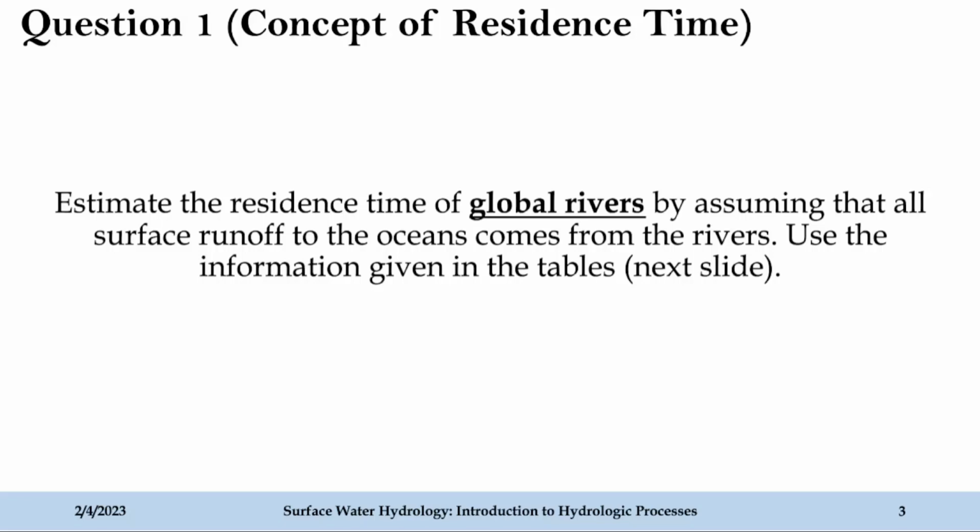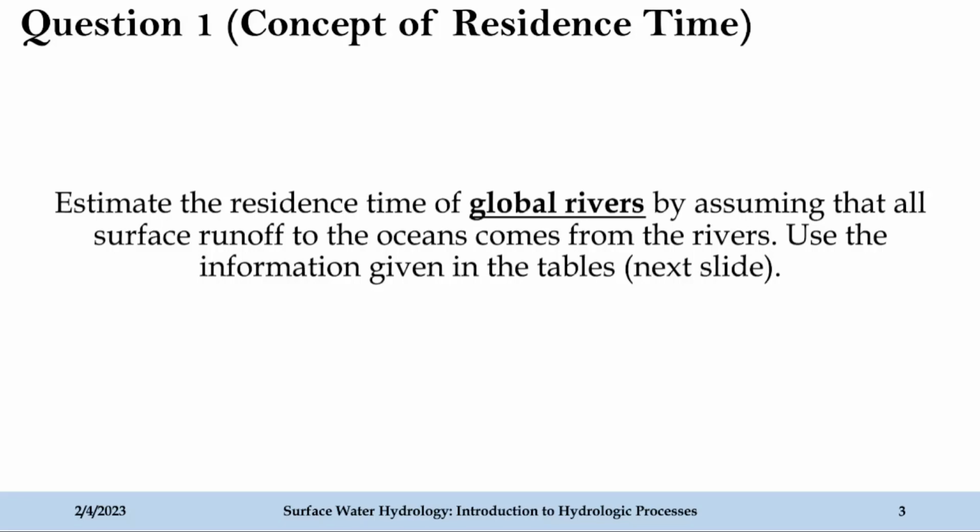We want to find out how much time a water molecule in the rivers takes to shift from one hydrological system, global rivers, to another, the oceans. The mode by which global rivers reach the oceans is surface runoff.